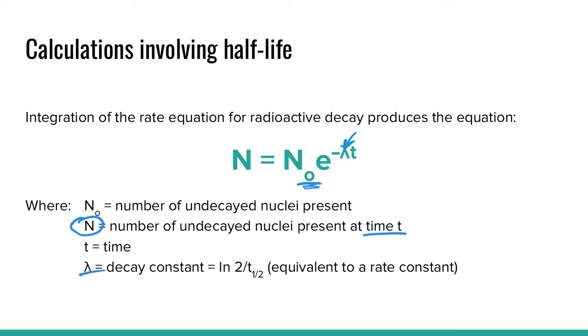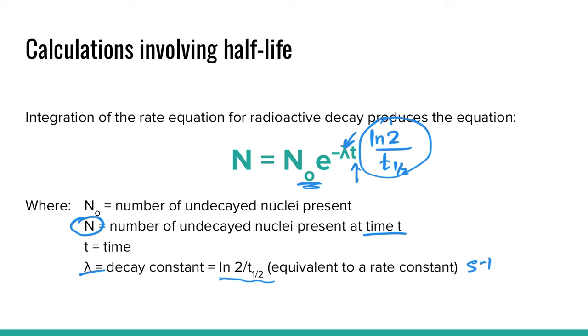We can calculate it as ln 2 over t of a half, and that's just because we're a first order reaction. If we do the math there, that's the same as what we would get using the other equation. And t is our time, and everything needs to be put into seconds here because our decay constant is seconds to the -1.